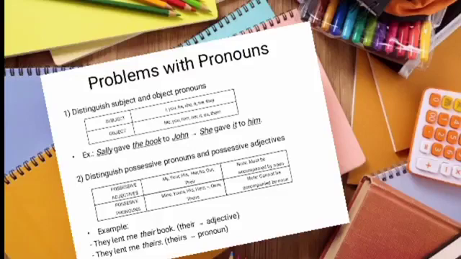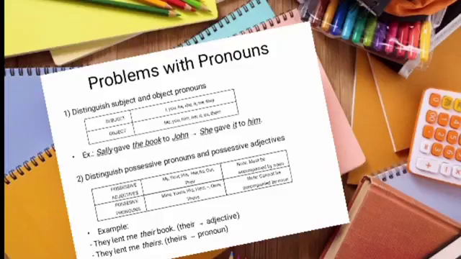We should remember that a subject pronoun is the same as the subject of a verb, and an object pronoun is the same as the object of a verb or the object of a preposition. For example, Sally gave the book to John. When it uses pronouns, it becomes she gave it to him.